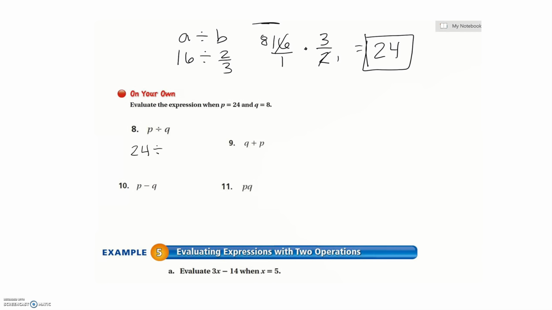Alright, so I'm going to start filling these in with what we should have. So 24 divided by 8 gives me 3. Q first, so 8 plus 24. I want to add those together.